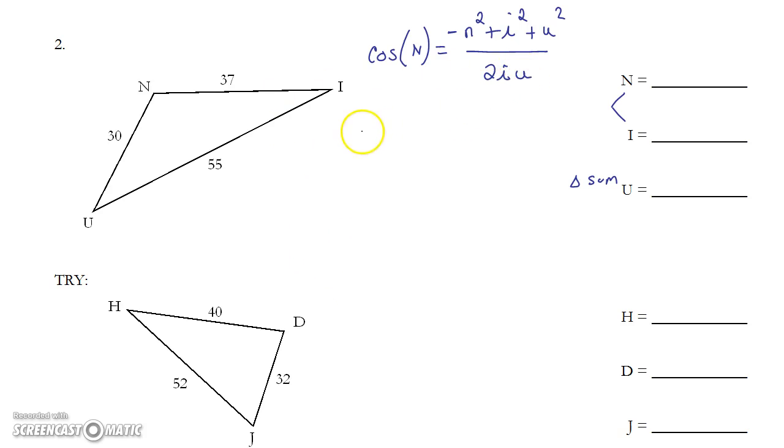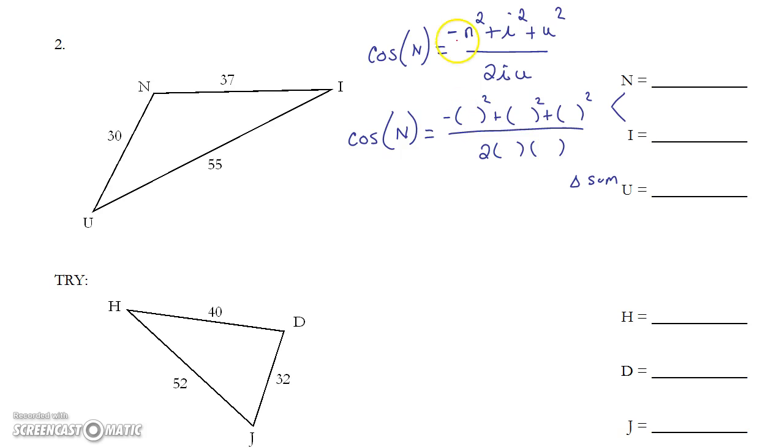Now that I have all of that written in, I can go ahead and substitute. I still don't know what n is, but I do know that I have all of my side lengths. You see how I'm doing this is substituting with parentheses first, so I'm not even putting anything in here but the parentheses. Now I can go in and fill.